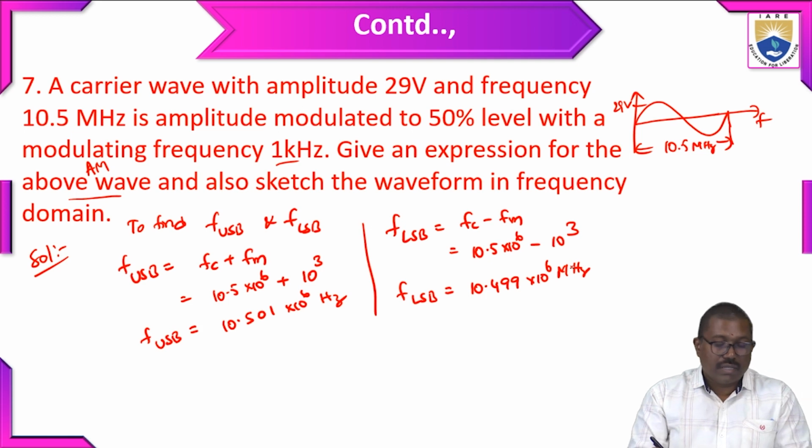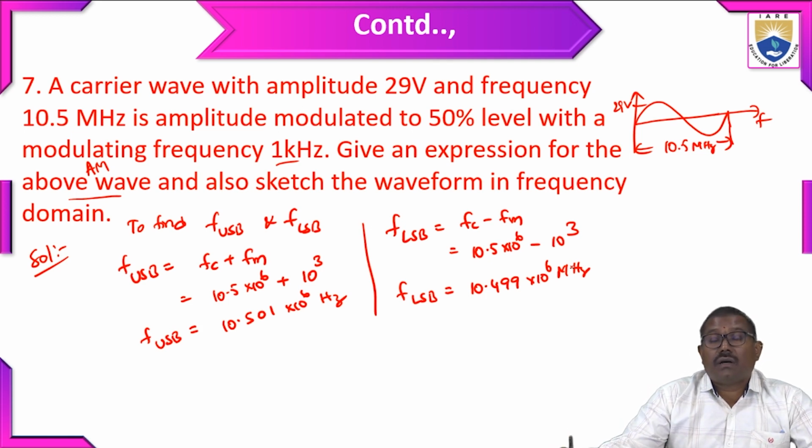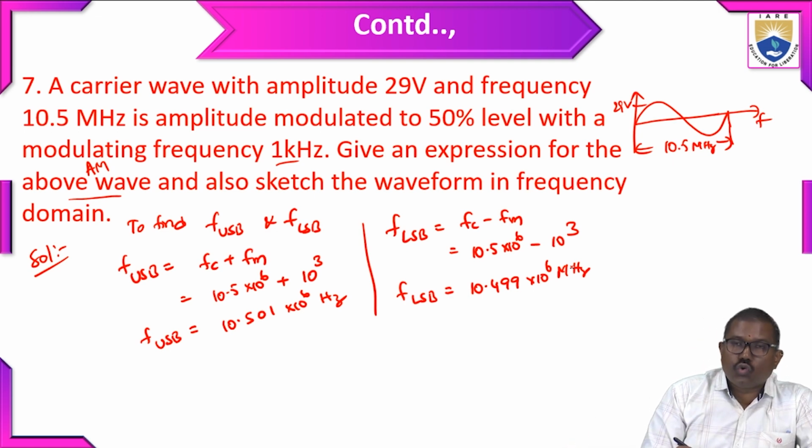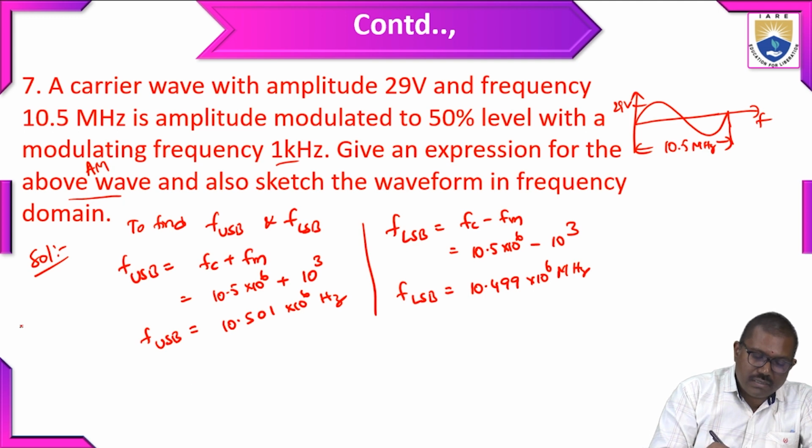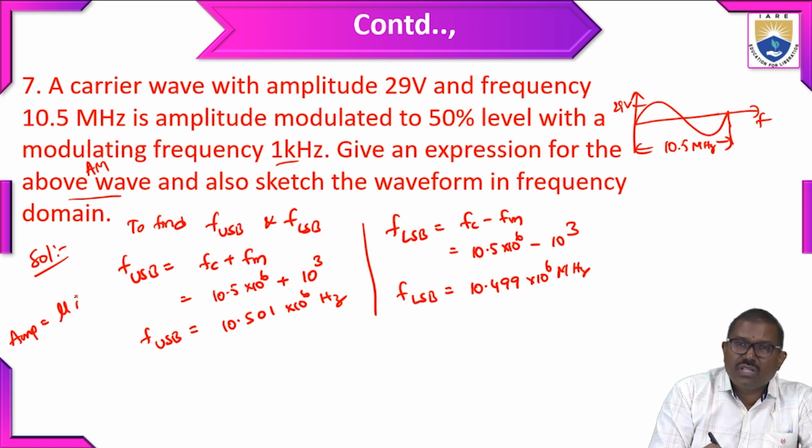Okay, and here, what is required to draw this frequency domain? Amplitude is also required. So the amplitude of the sideband is required, which is mu Ac by 2.